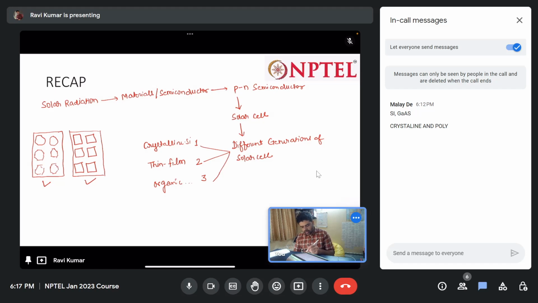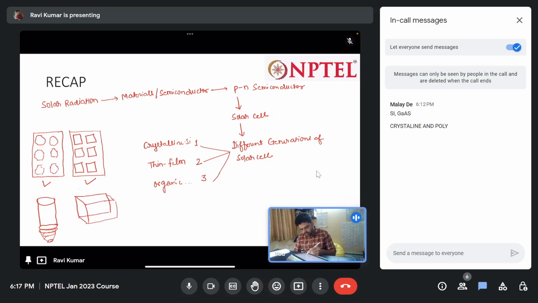So I told you we have ingots that are circular. For the other case we have a rectangular piece of silicon.